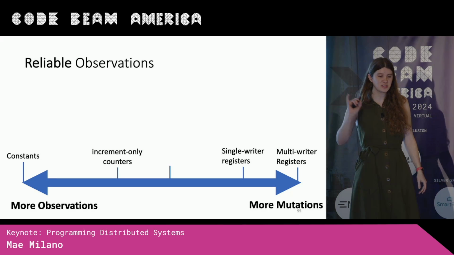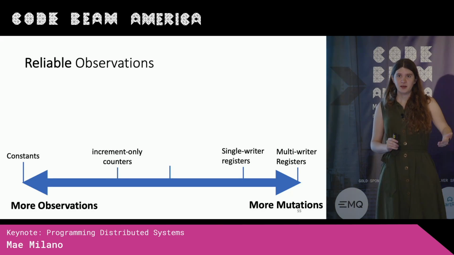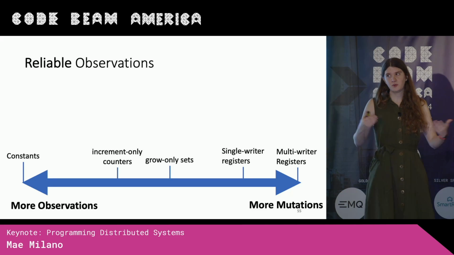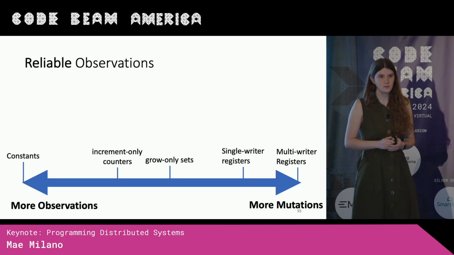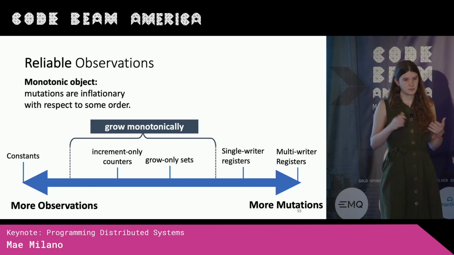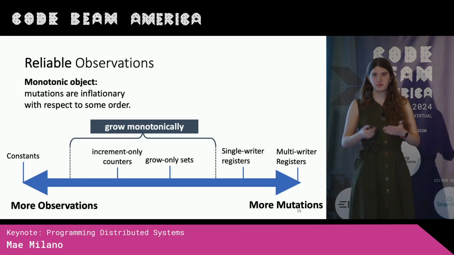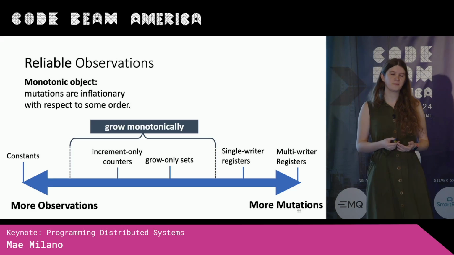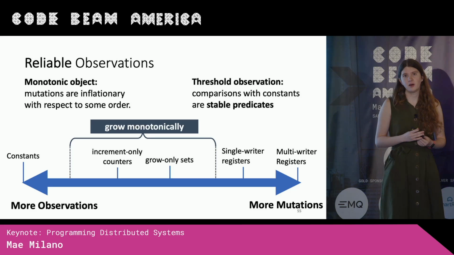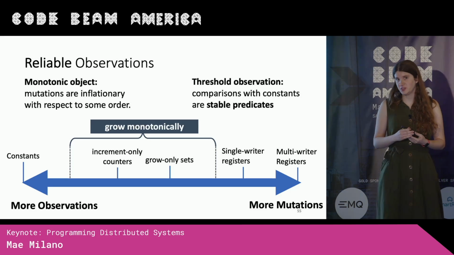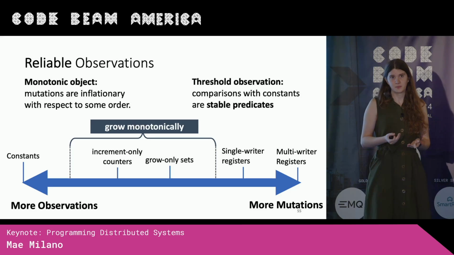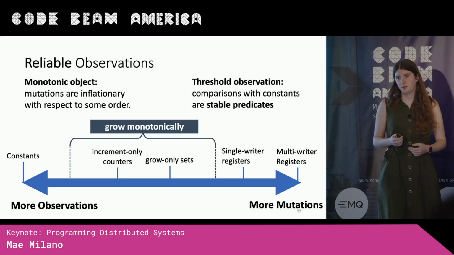But we've got some useful stuff in the middle. Things like counters, wins and losses that are only ever incremented, or sets that are only ever added to. This is a class of data types that grow monotonically. They get bigger. They inflate according to some particular order. And they allow us to perform a certain type of observation, a threshold observation, where we can compare them with stable predicates. Those will always be reliable.